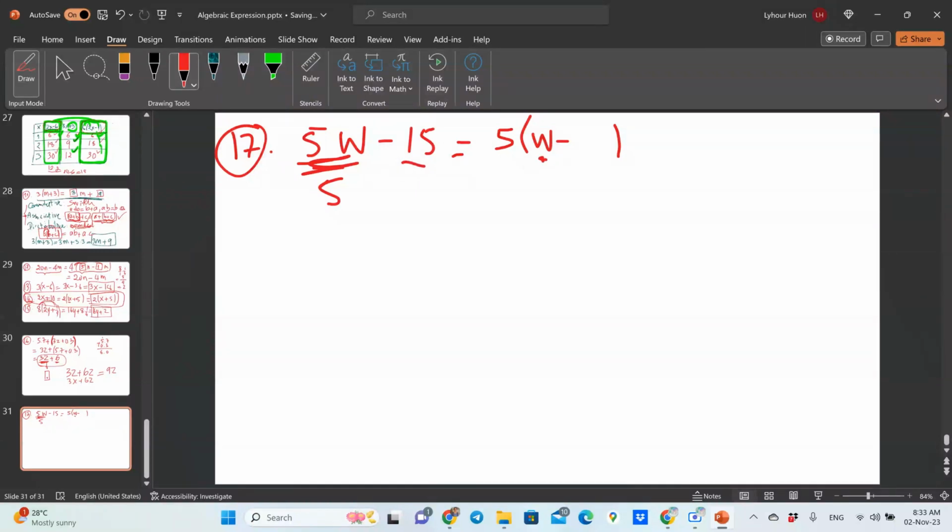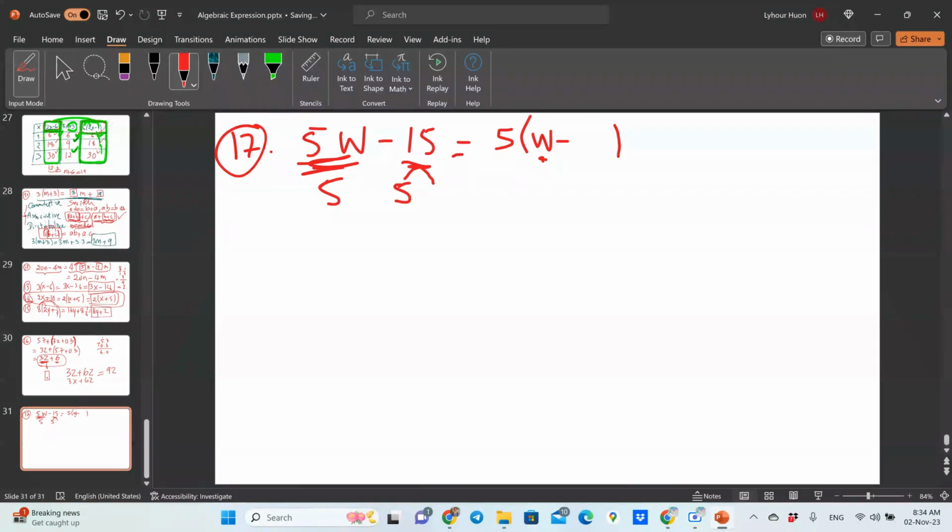Now, when we take 5 out of 15, how much do we have left? 15 is the combined number of 5 times 3, when we study prime factorization. 5 times 3 equals 15.